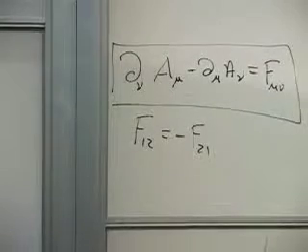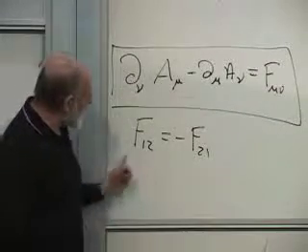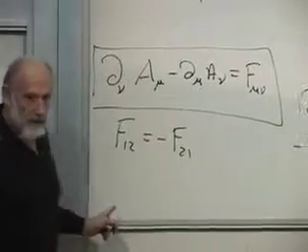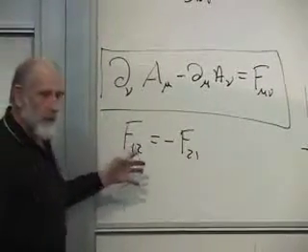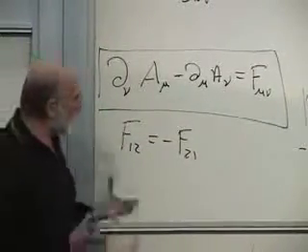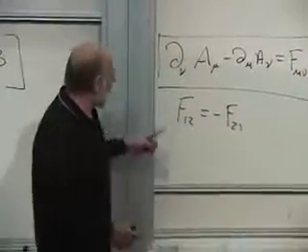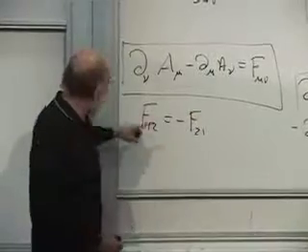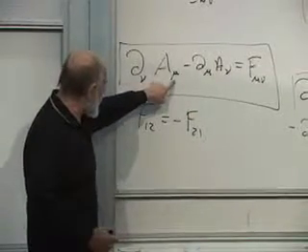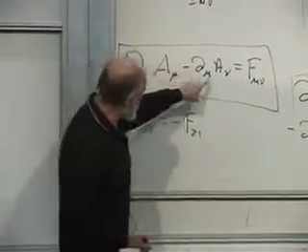F13 is minus F31. So the different components of F mu nu are not independent. It's anti-symmetric. How many components of an anti-symmetric matrix are there in 4 dimensions? All the diagonal components are 0. In other words, if nu and mu are the same, these 2 terms will cancel.